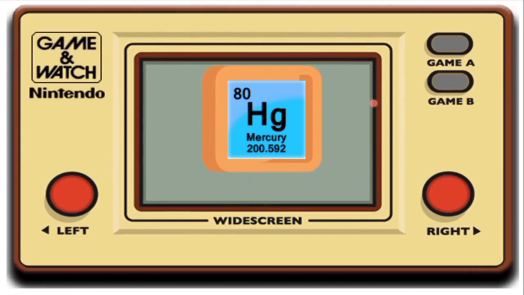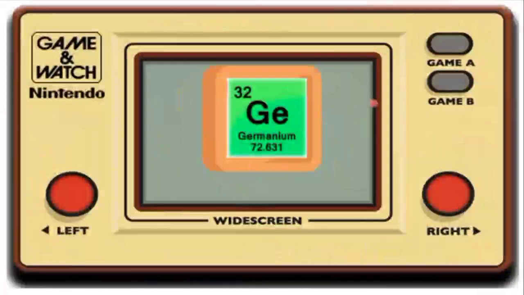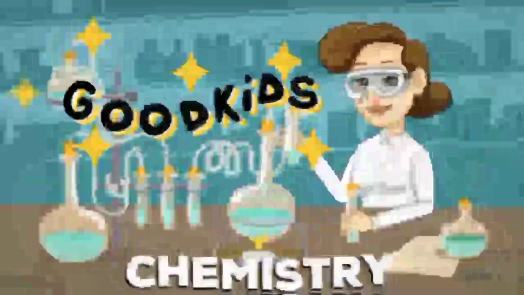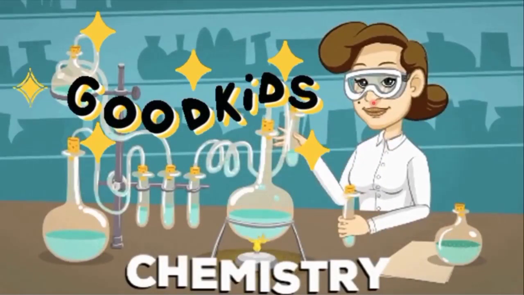Next one, radon. Where do you think radon belongs? Radon is a non-metal element. Okay, last one, class. How about germanium? Where do you think germanium belongs? Germanium is a metalloid. Good job, class!